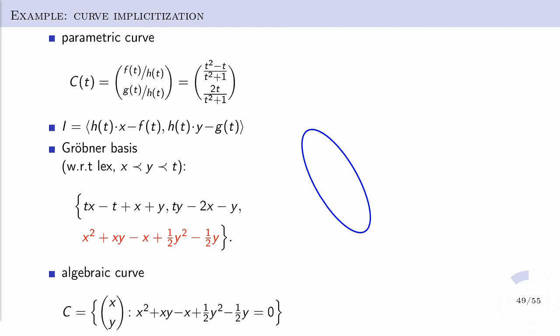You can imagine that someone designs, prototypes a shape of, for example, a ship or a car, and then we need to analyze this shape, for example to check whether the curve does not contain any points of self-intersection, because of course one cannot manufacture a car with a self-intersecting hull.